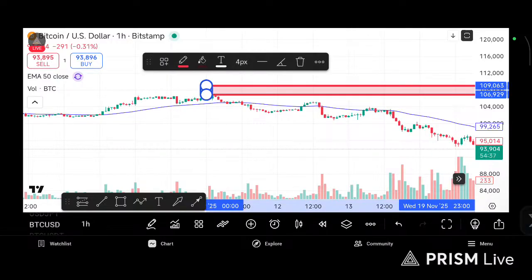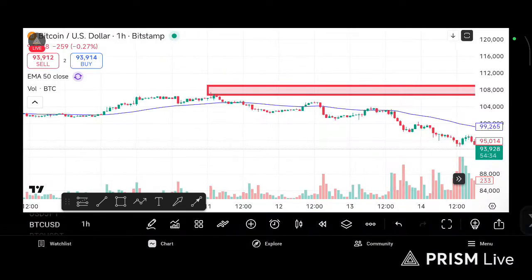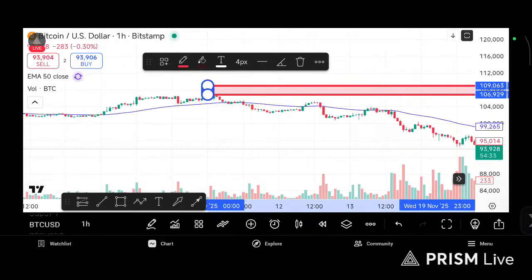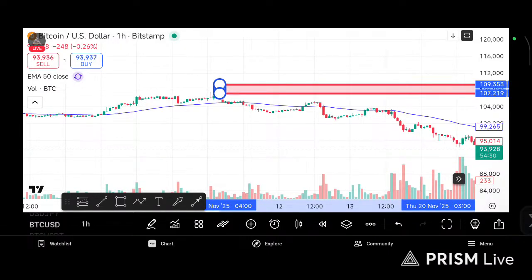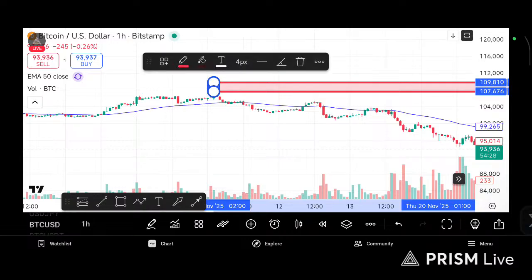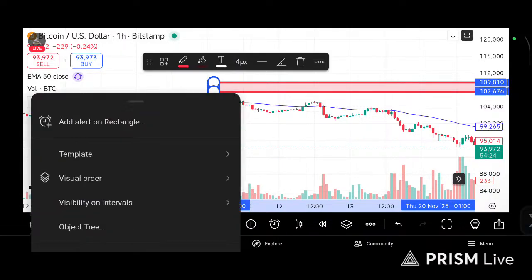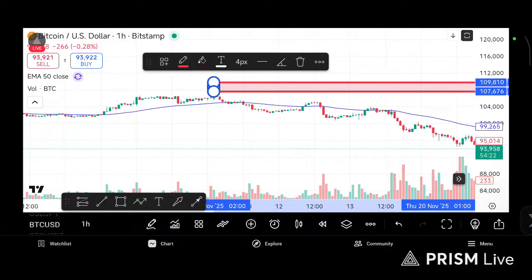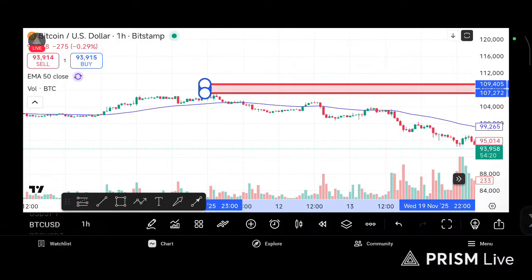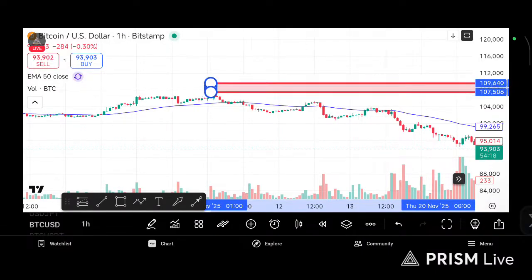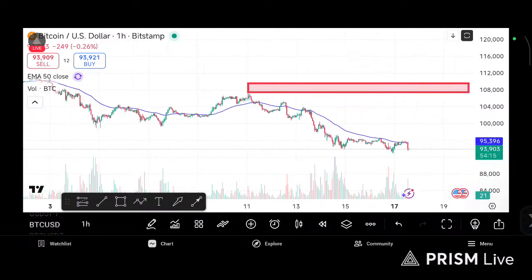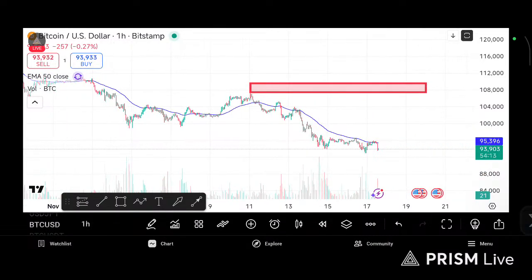Have you seen it? That is our order block, which is the same thing as the sell candle, right?